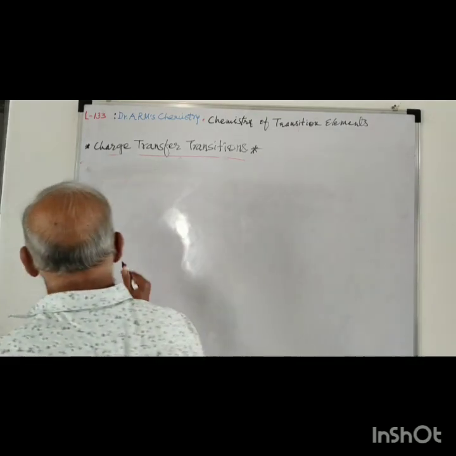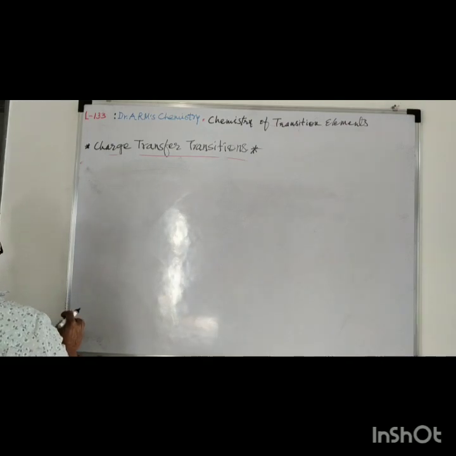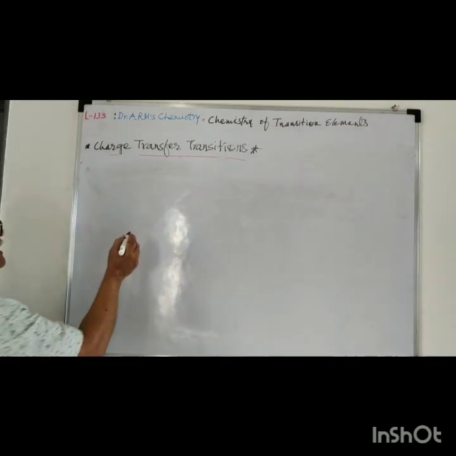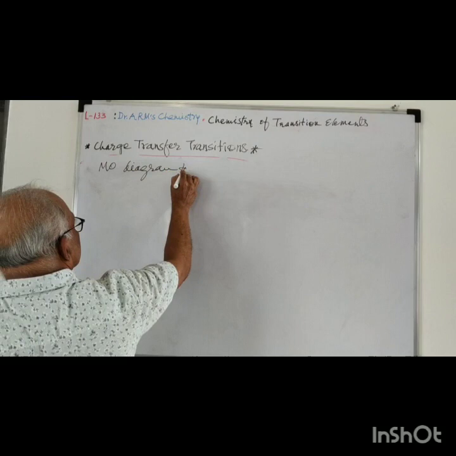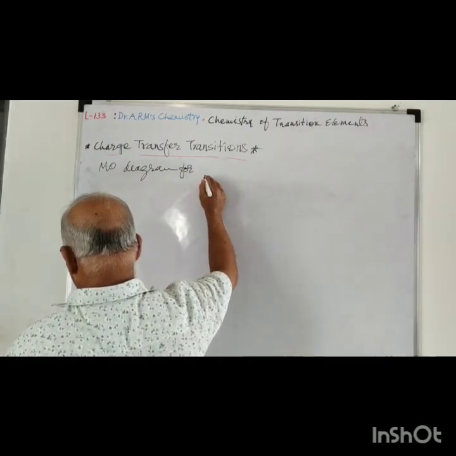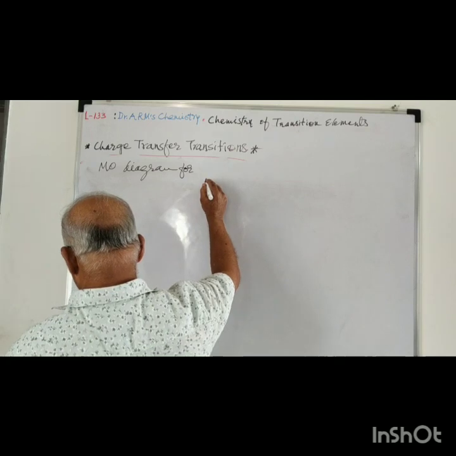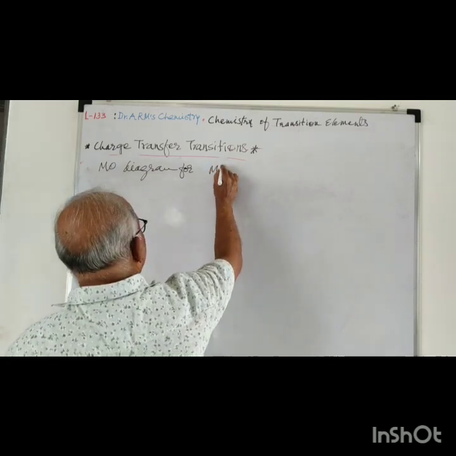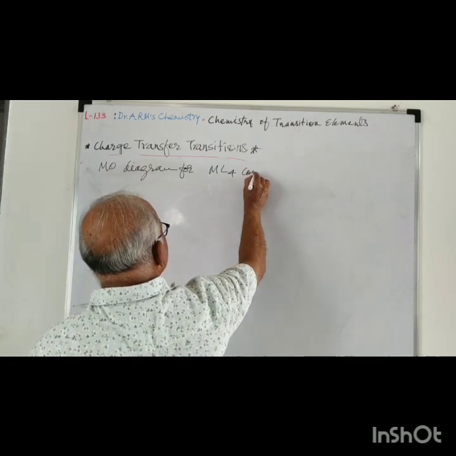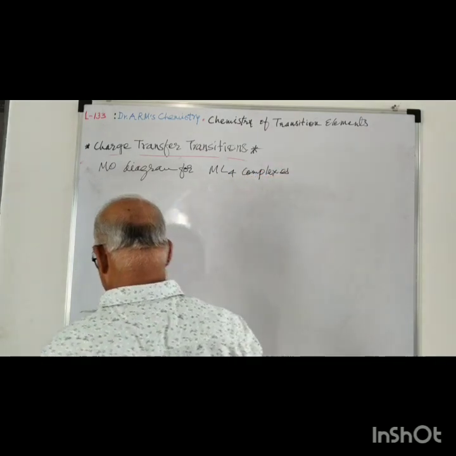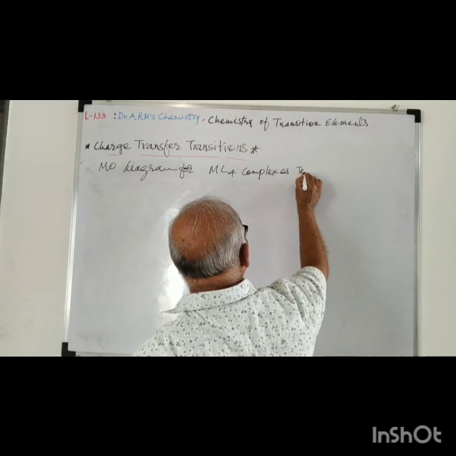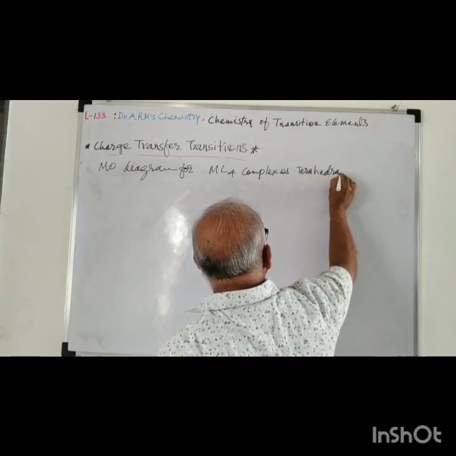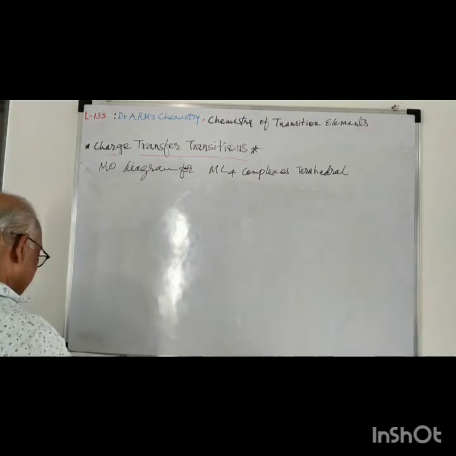For the tetrahedral complex, in general we will show the molecular orbital diagram, the MO diagram, for these MX4 or ML4 complexes, which are tetrahedral. Now the diagram is like this.